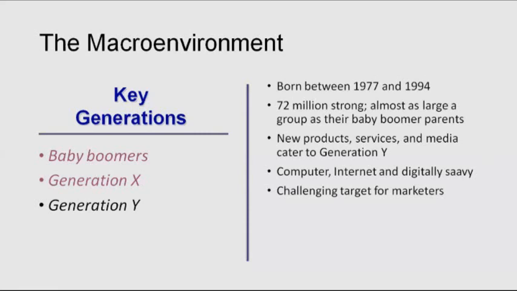No products, services, and media cater to Generation Y. So sila na rin yung mga computer and internet as well as digitally savvy. So marunong na rin sila sa mga gadgets, no, computer, internet. Challenging target for marketers. Okay, so yun ang kanilang characteristics class.